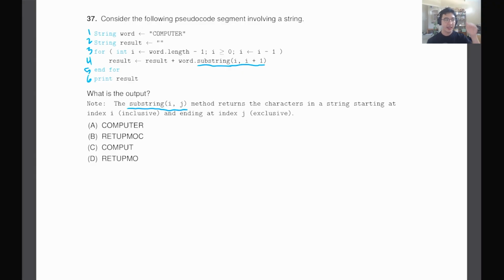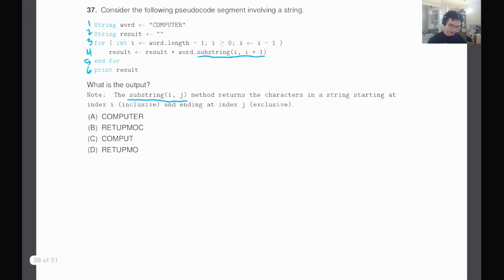Well, let's go ahead and step through this line by line and make sure we understand how a for loop works. So we have the string word, or it's a variable, and it contains a memory address, a reference to the string computer.